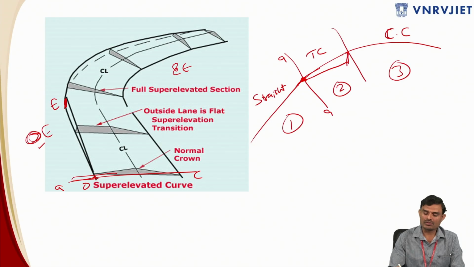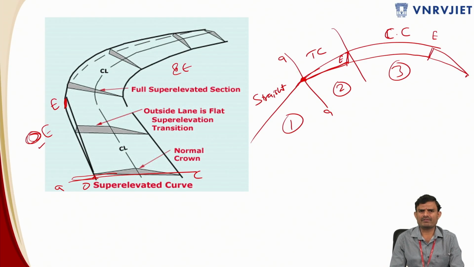Then you maintain the constant value of E up to the complete length of the central portion of the circular curve. Again, when you enter the transition curve, you reduce the superelevation from E to 0, and from there you have the normal camber.